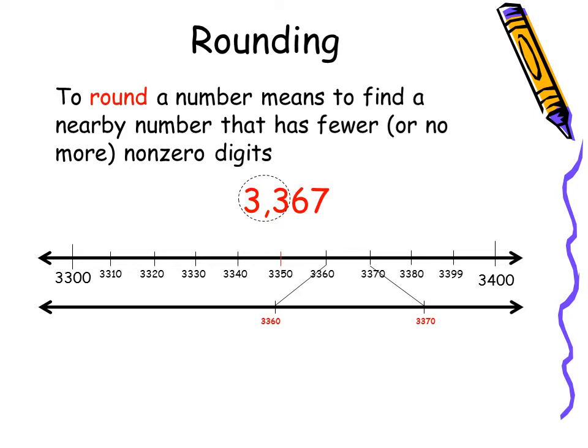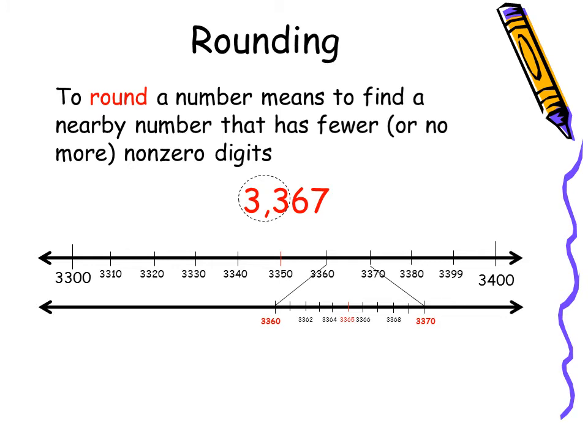So I'm going to do my zooming number line to get a good estimate about where that number needs to be plotted on the number line. And on my zoomed number line, where my longer tick marks are 3,360 and 3,370, those long tick marks are tens. So the smaller tick marks between those two would have to be ones.